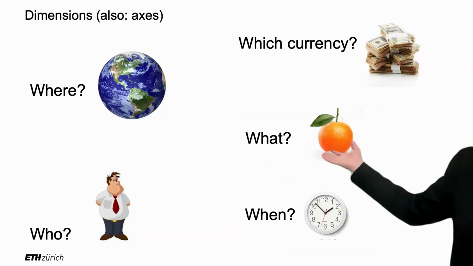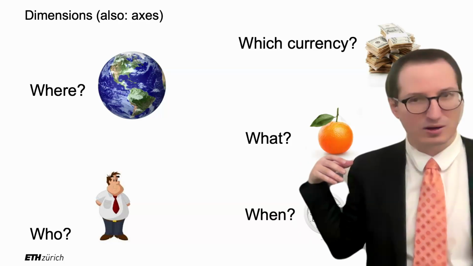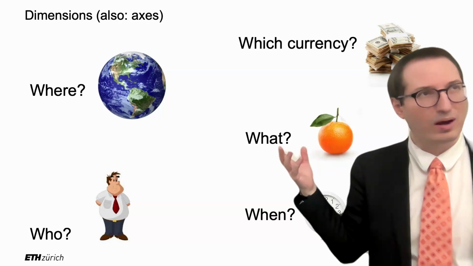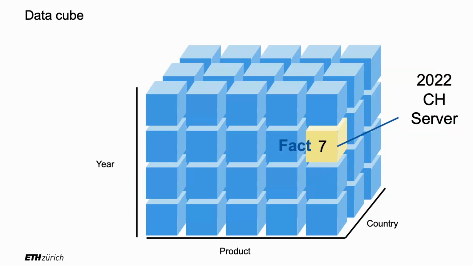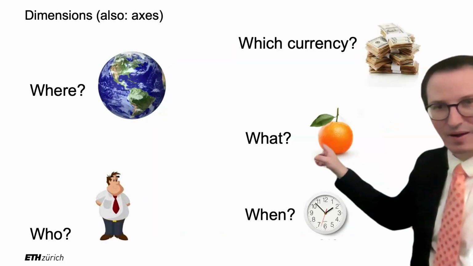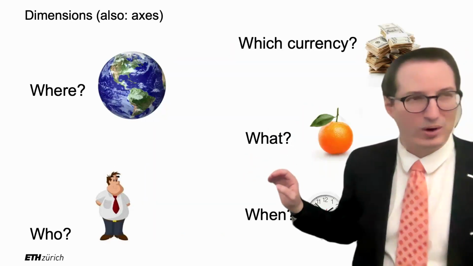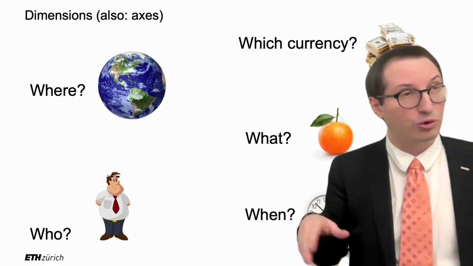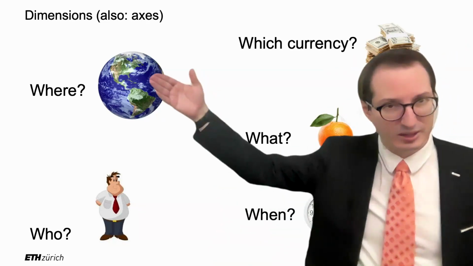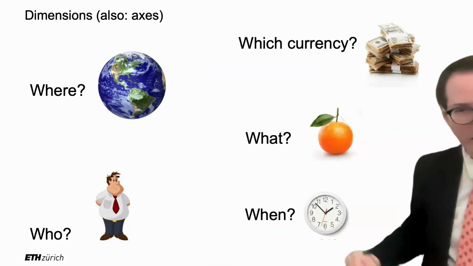Then you can have the what dimension, so what means several things. One of the ways to see the what is servers, smartwatches, so categories of products. Another way of seeing what is what we call a measure. You might want to know about the quantity of products sold in Switzerland by a team in 2022.